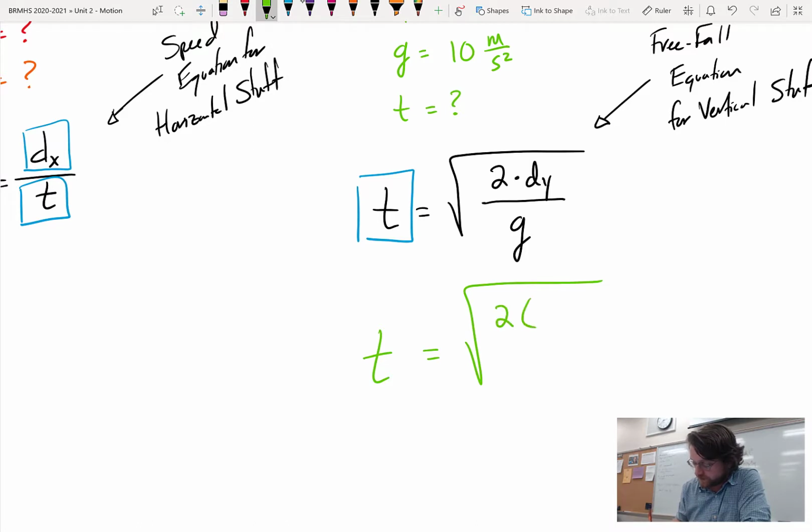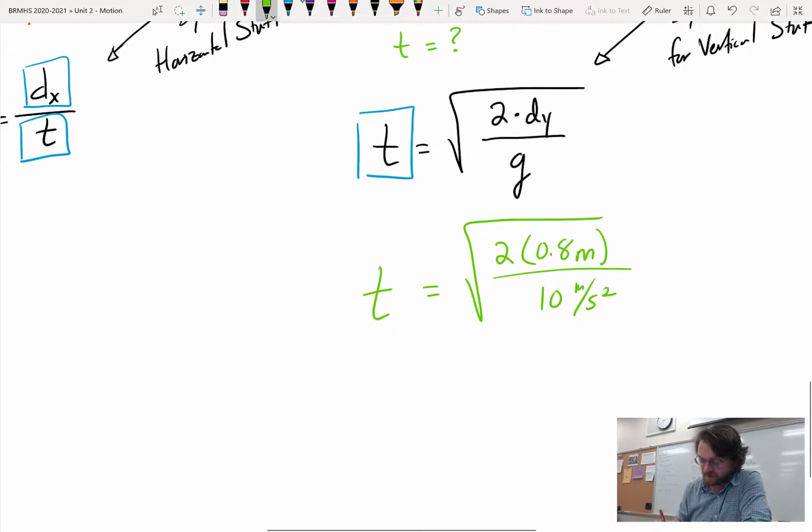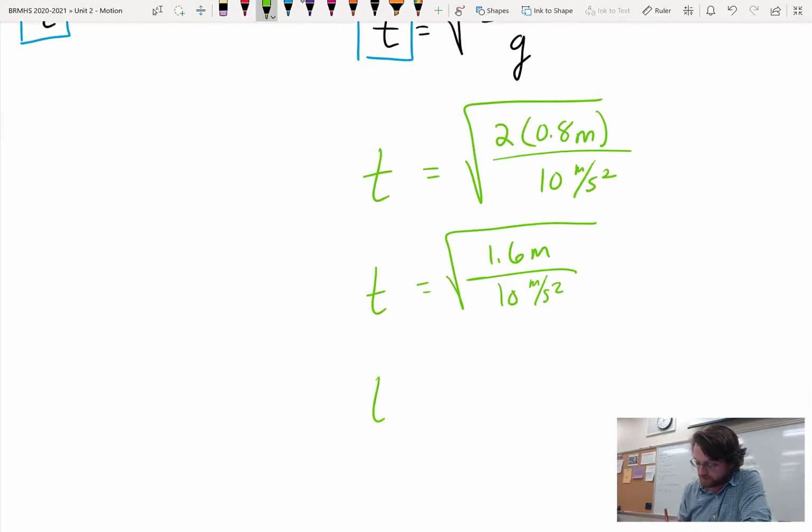So I have twice that vertical distance, 0.8 meters, so I got 2 times 0.8 meters upstairs divided by little g, which is 10 meters per second squared. Exactly the same as what we were doing for the free fall stuff last week. 2 times 0.8 is 1.6, divided by 10 meters per second squared. So we have a time that is equal to the square root of 1.6 divided by 10.